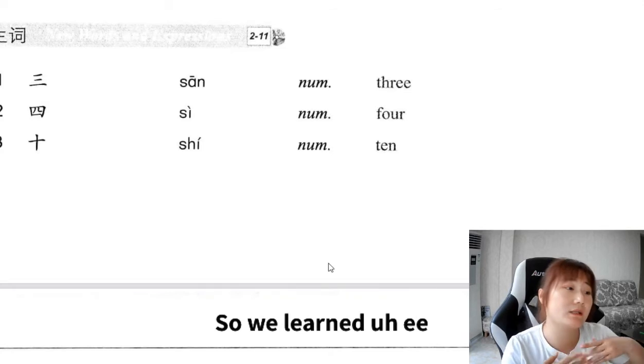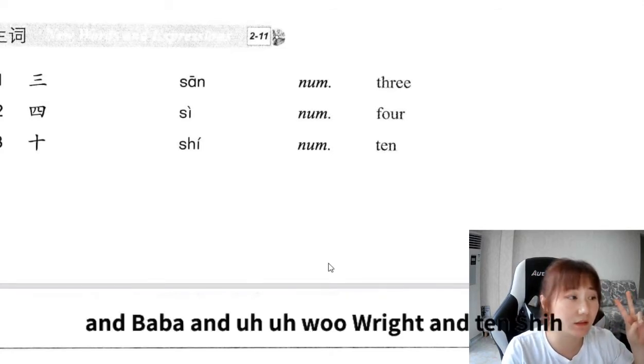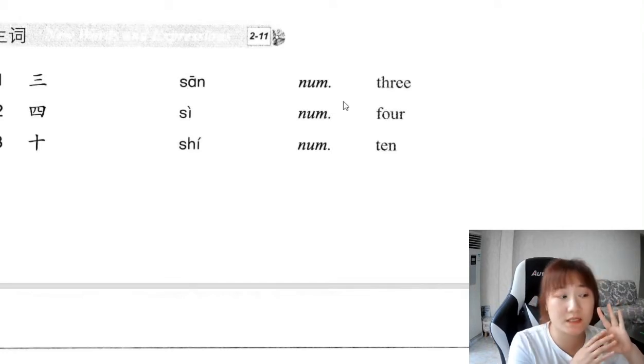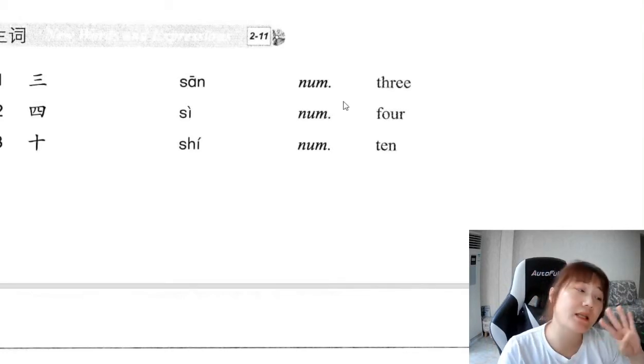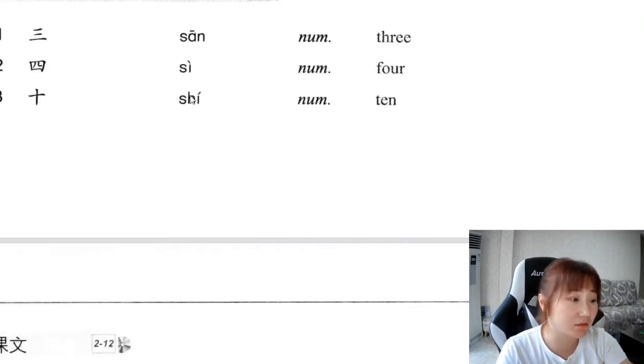Okay, let's learn next numbers again. So we learned 1, 2, and 8, and 5, right? And 10. So next, let's learn 3, 4, and 10.